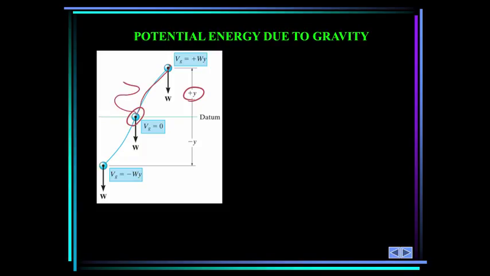I could have done this, and the potential energy would have still been the same thing. So potential energy in this situation is the weight times the change in the elevation. And if you're raising the weight, the potential energy is positive. If you lower the weight, the potential energy is negative. Obviously, this particle has more potential energy than this particle since it's at a higher level.